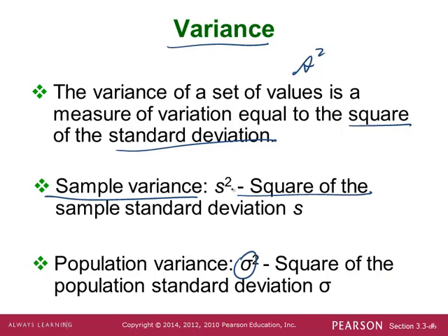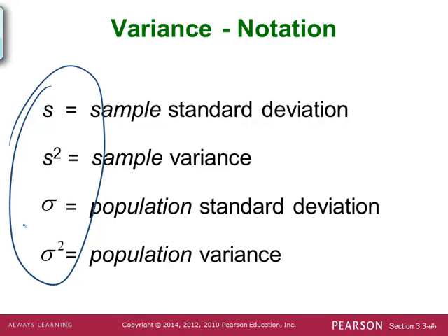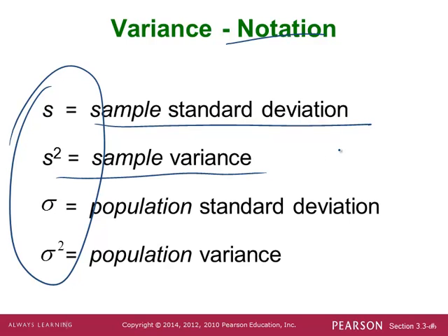And of course, S squared, sample variance, is used to estimate sigma squared, population variance. So just to recap our notation: S is sample standard deviation, S squared is sample variance, sigma is population standard deviation, and sigma squared is population variance.